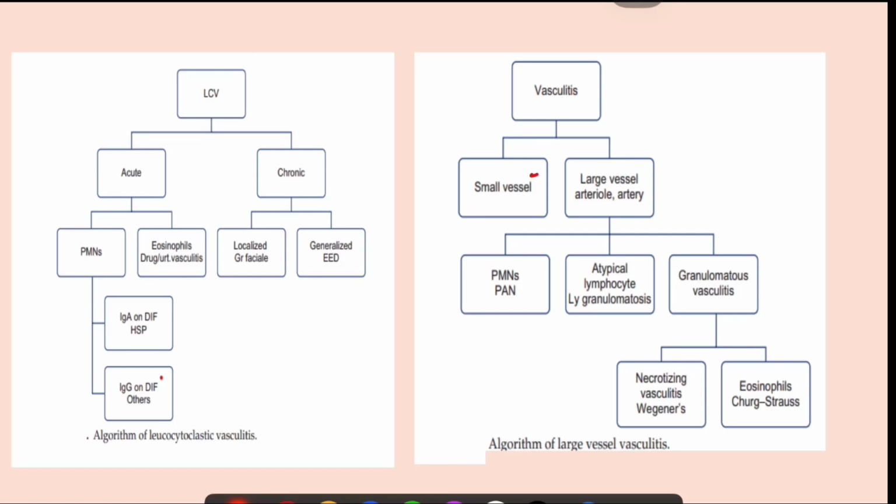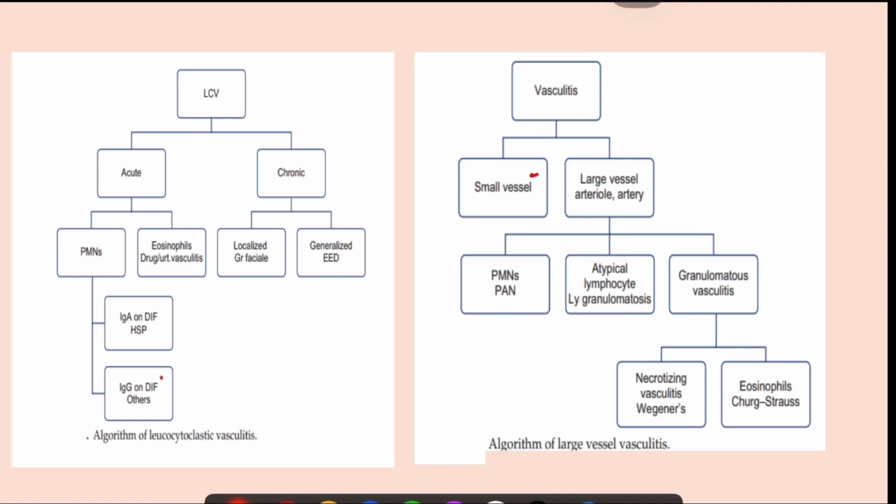Now, small vessels we have seen. If it is large vessels, arterioles or artery, then polymorphs, polyarteritis nodosa. With atypical lymphocytes, lymphomatoid granulomatosis, granulomatous vasculitis, where if necrotizing, it is associated with Wegener's, and if eosinophils are present, it's Churg-Strauss syndrome.